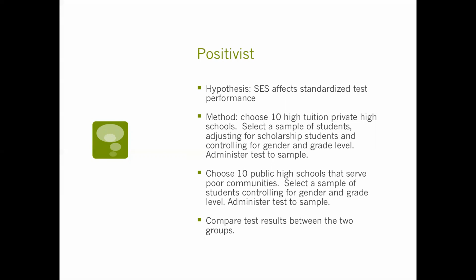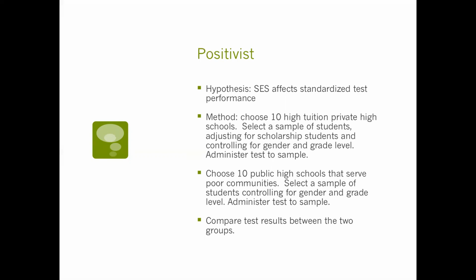Our method might be choose 10 high tuition private high schools where we know students are going to be coming from a high SES background. In those high schools, you select a sample of students, adjusting for scholarship students and controlling for gender and grade level, and then administer a standardized test to that sample.